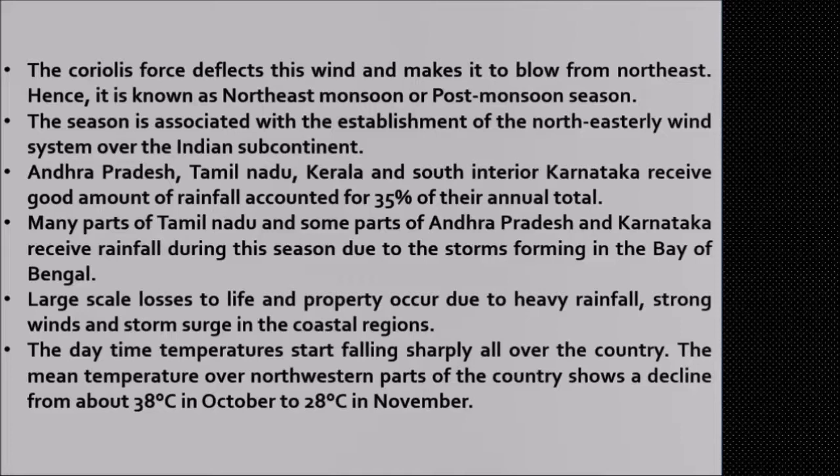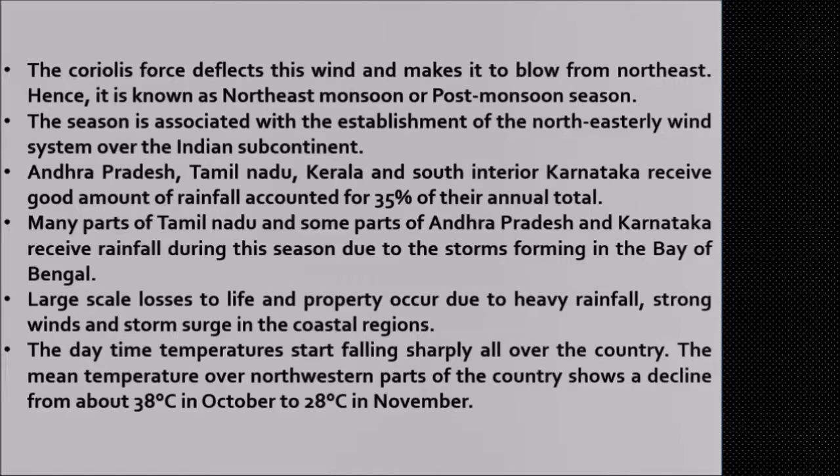When people living near the coastal regions face heavy rainfall, strong winds and storms, there will definitely be a loss of life and property, because they may lead to cyclones. That is why it affects the life and survival of the people living very close to the coastal regions.